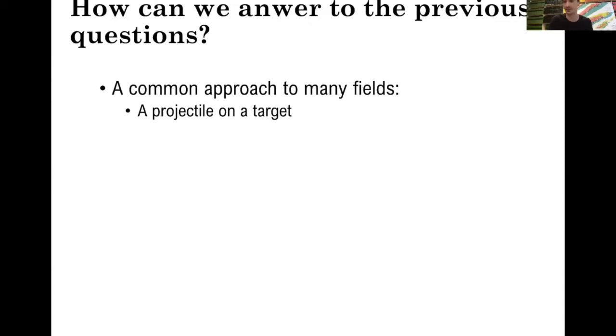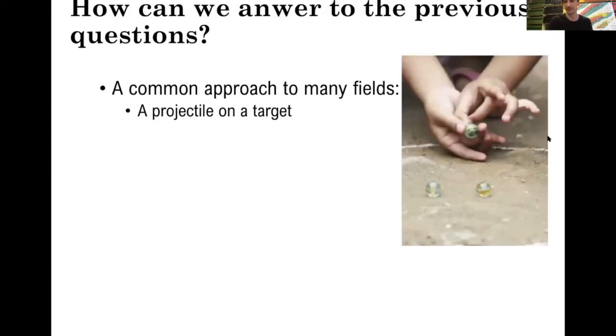So basically what we are doing is playing marbles with the atomic nuclei. We will use a projectile, in this case an atom, an ion, that will be accelerated and sent on a different atom.